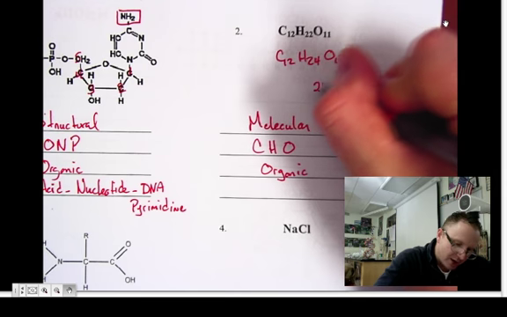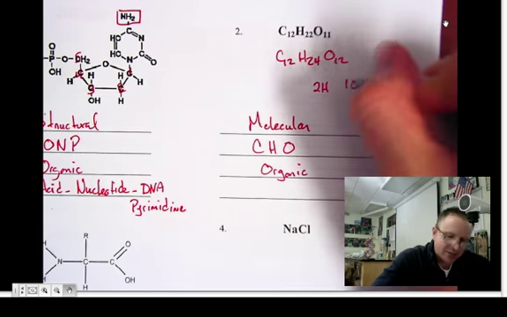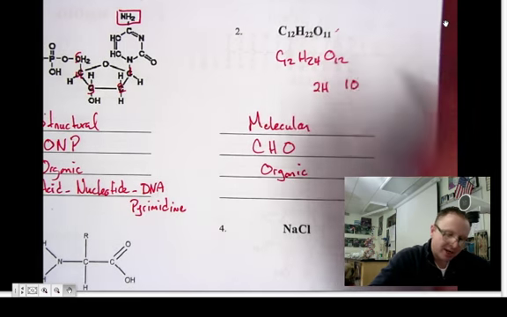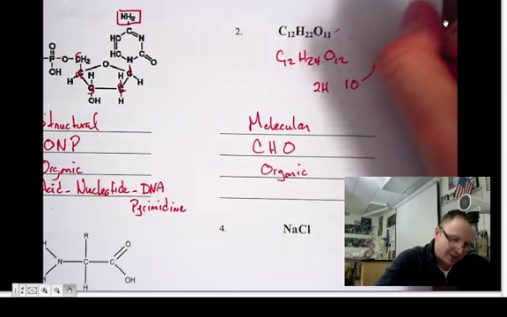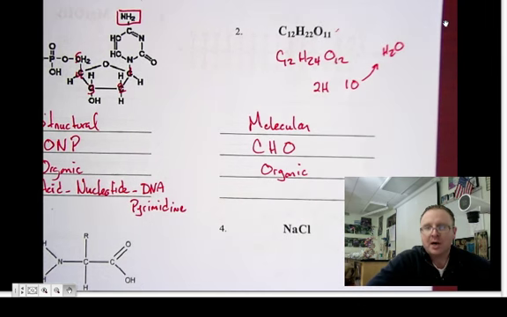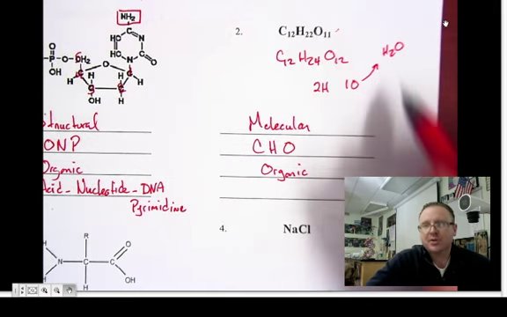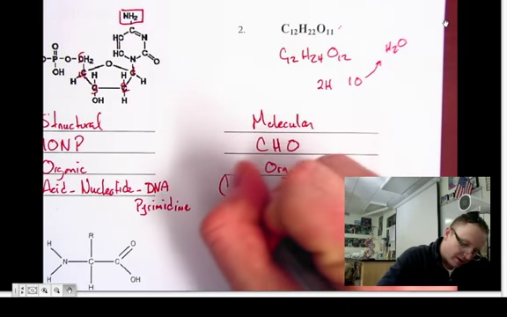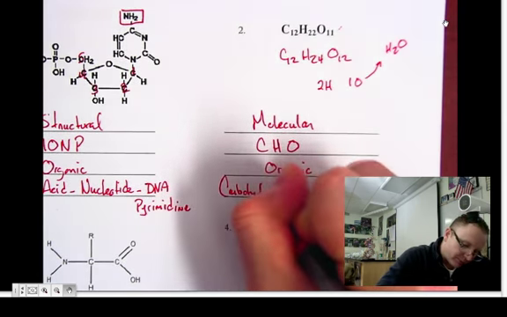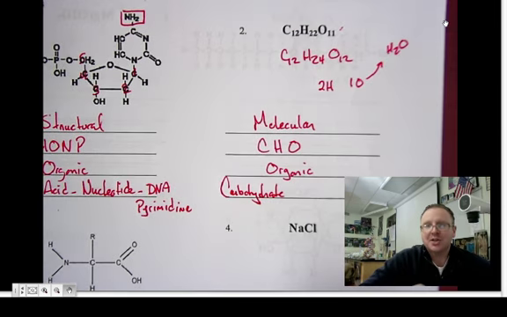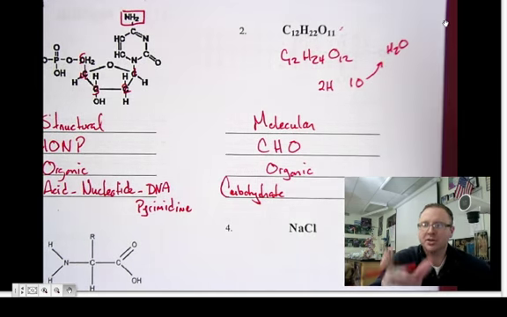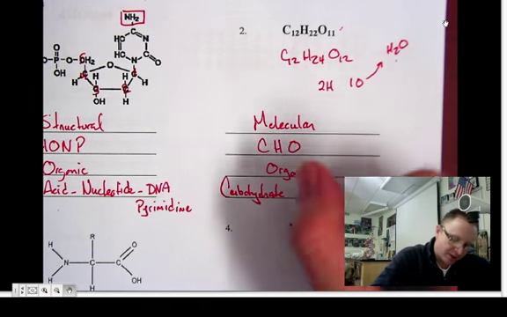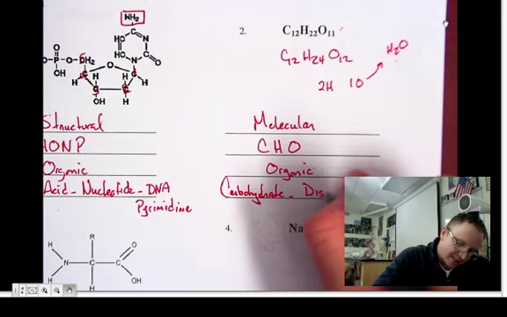Well, we've lost 2 hydrogens and 1 oxygen here in this formula that we're given. 2 hydrogens and an oxygen, if we put those together, that basically is water that's been lost, and we can surmise that this has been lost through dehydration synthesis. So I'm guessing that this is a carbohydrate and that it is actually a disaccharide because there are 2 single units that have been joined through a single dehydration synthesis reaction. So I would call this then disaccharide.